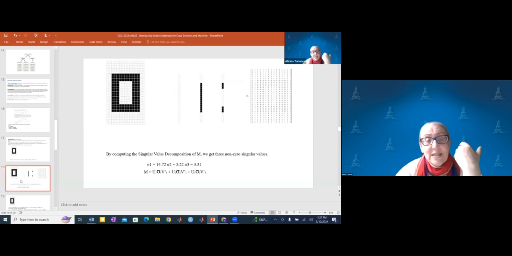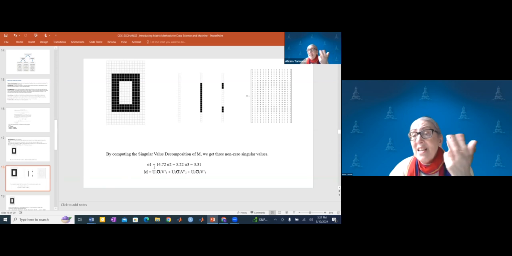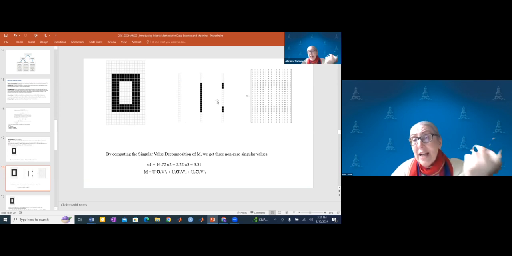So when they enter that, they find that they do have 3 singular values: sigma 1, sigma 2, and sigma 3. So I associate the sigmas, which are the singular values, to the 3 different features I do have in my image.